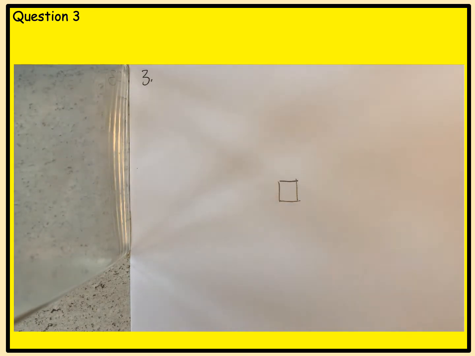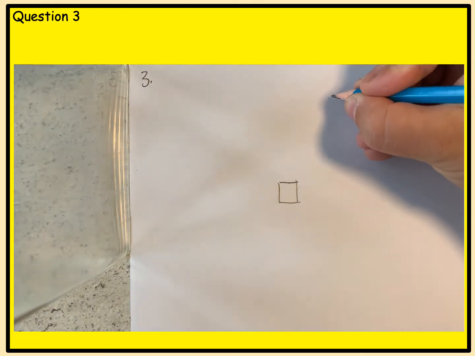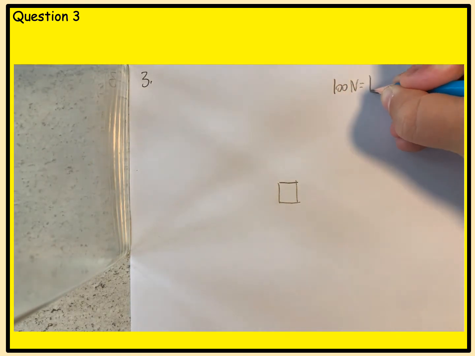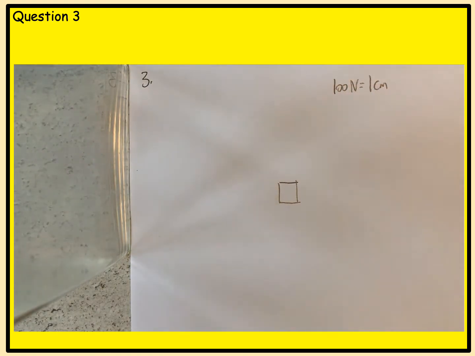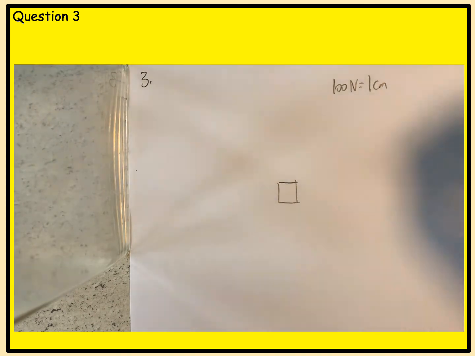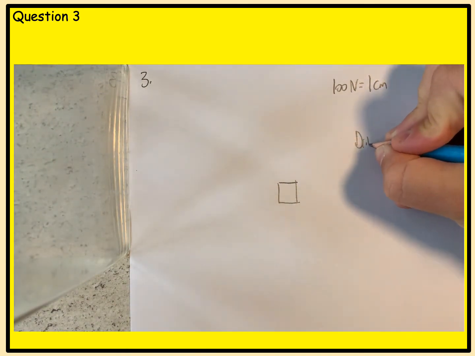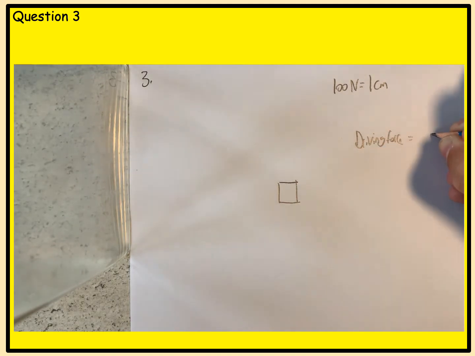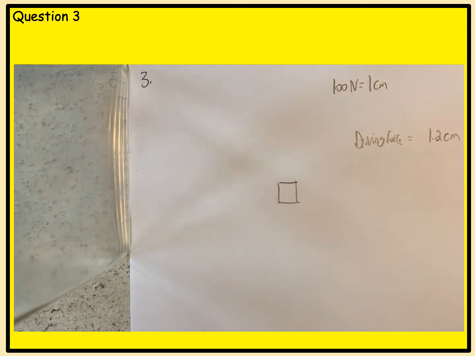We now need to decide on an appropriate scale. Now an appropriate scale here, I believe, would be saying that 100 newtons would be equal to 1 centimetre. So that actually means what I can do now is work out the size of my arrows. So my driving force, I can say, would be 1.2 centimetres.